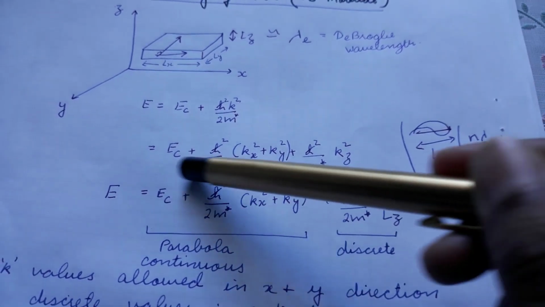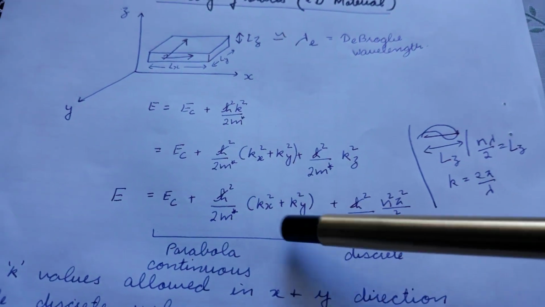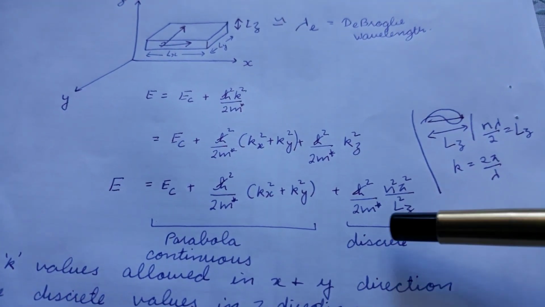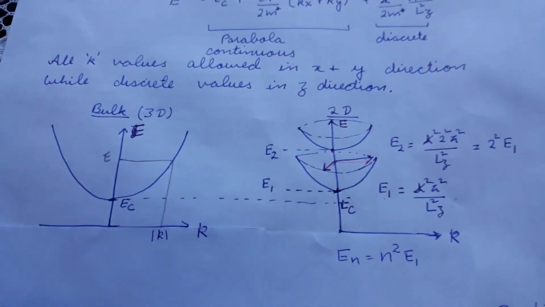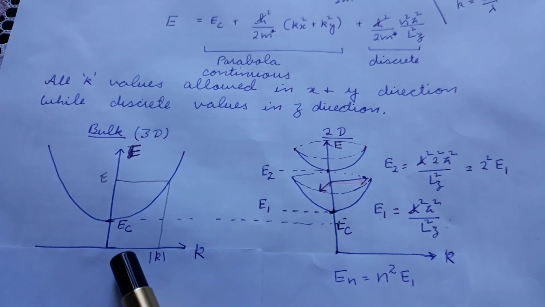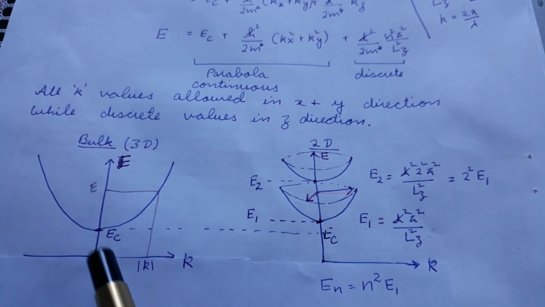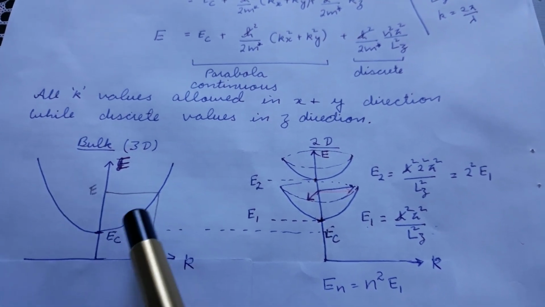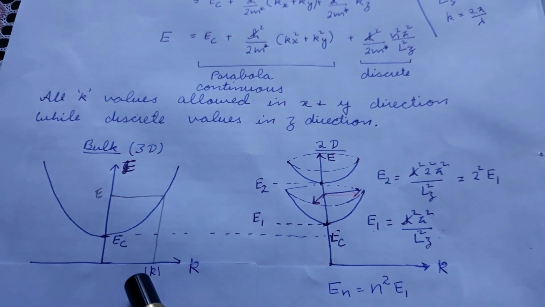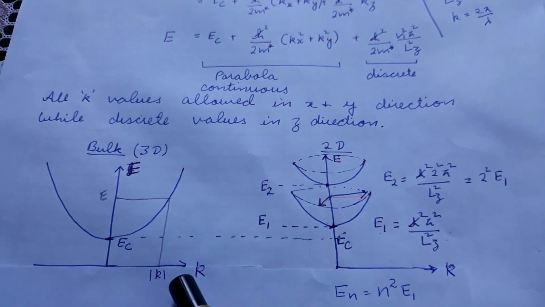So you see, this is a parabolic dispersion relation in x and y direction, while it will be discrete in the z direction. So if we compare it with bulk, we see that in bulk we have one band, and for each value of k you will have a value of energy, and all the k values will be allowed.